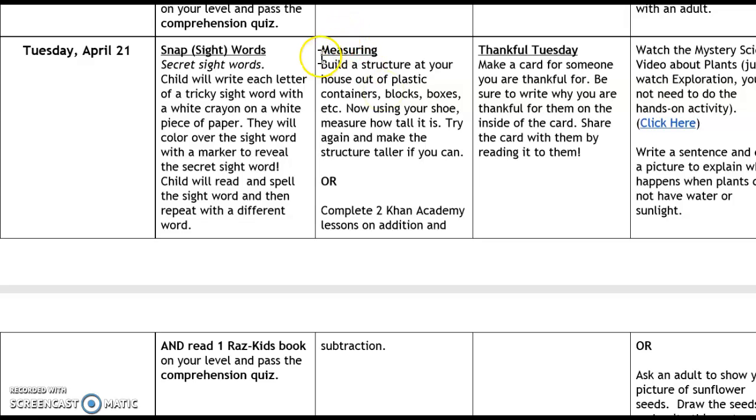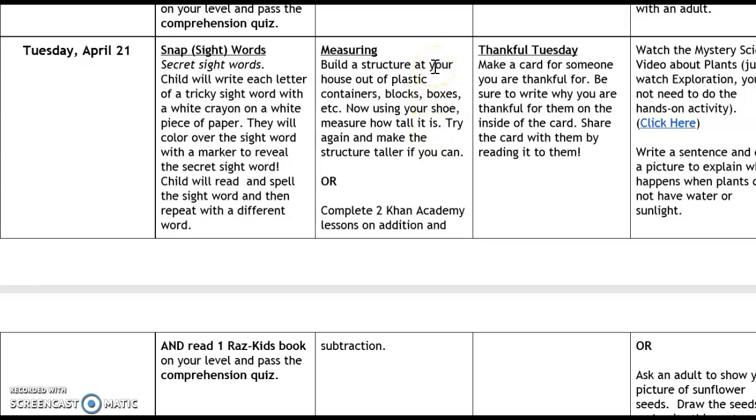We're going to be doing measuring and math. Build a structure at your house of plastic containers, boxes, whatever you have, Legos, and use your shoe to measure how tall. You can also use other objects like a pencil, a crayon, a paper clip if you have one, a Lego to measure your structure so they can see the difference between using something big and something small to measure.